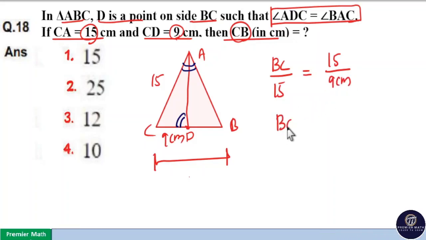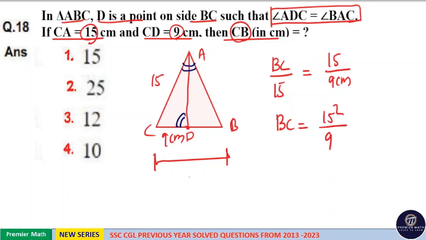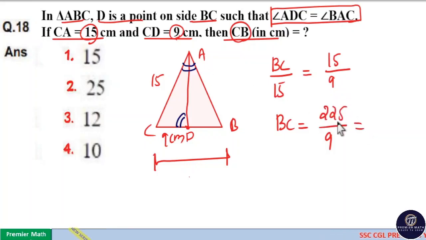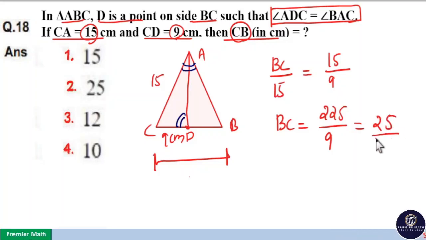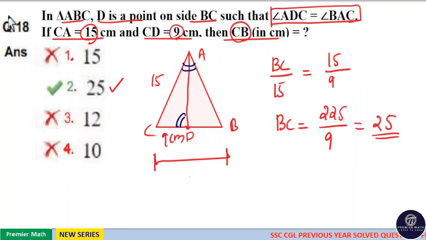Now you can see BC is equal to 15 square divided by 9. 15 square is 225. 225 by 9 means 9 goes 2 times in 22, remaining 4, 9 goes 5 times in 45. So option 2 is your answer. BC is 25 centimeter.